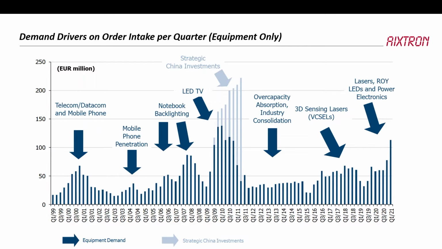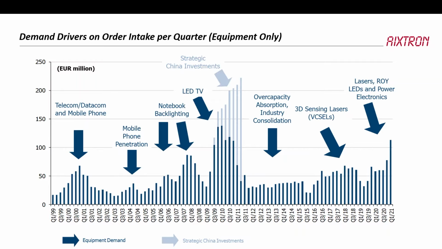This is also interesting, maybe for some people who are not in the equipment field. This is a revenue overview of the past 20 years. It starts in 1999, and you can see that there's quite a big change sometimes in the amount of machines and amount of revenue such a company makes. And the interesting part of this is that there have always been drivers that came along, like telecom, datacom, mobile phones, notebook backlighting, LED TV.